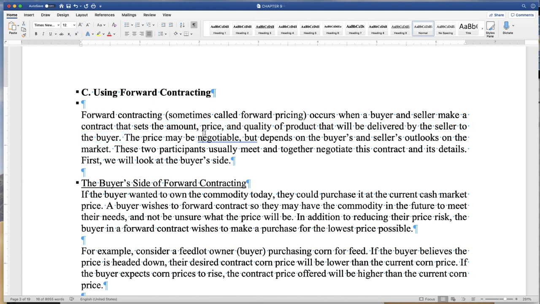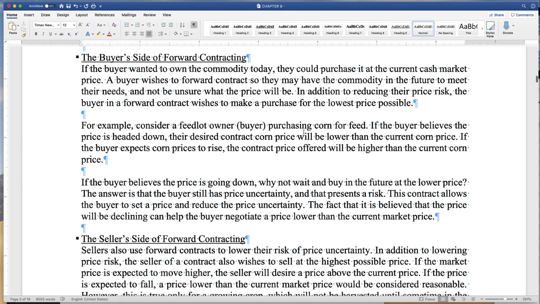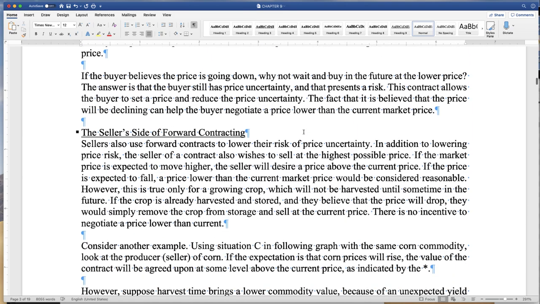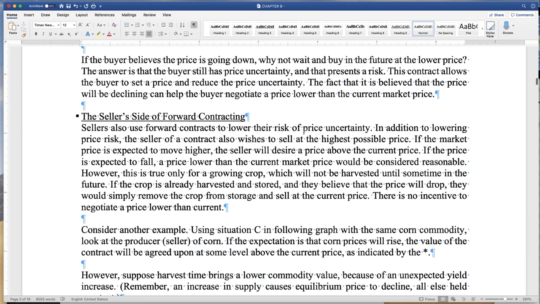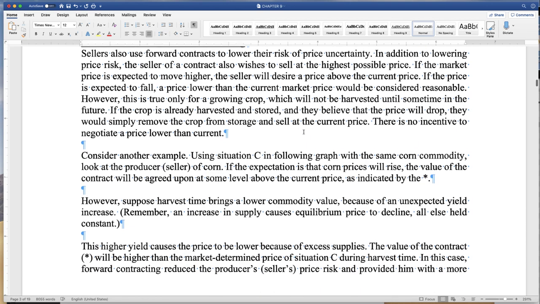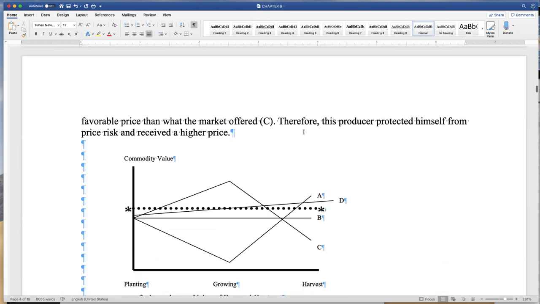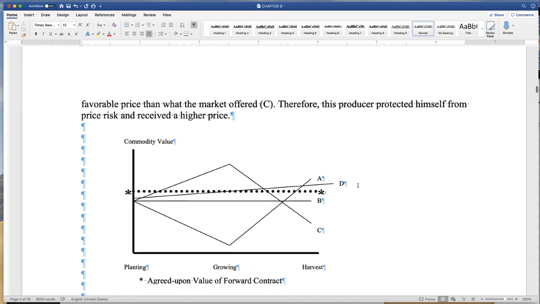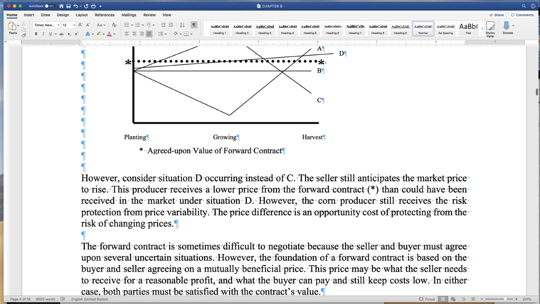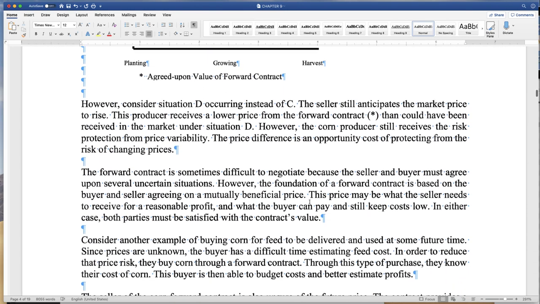So we have 4 things that make this up, and those 4 things are outlined in this section. Now, I talked about the buyer side and the seller side, and you can see those as you look at that. As far as commodity value goes, things change over time, and again we're trying to focus on this idea of risk.